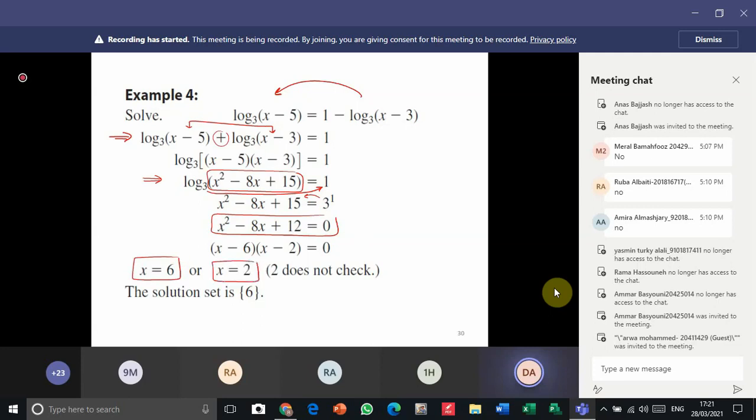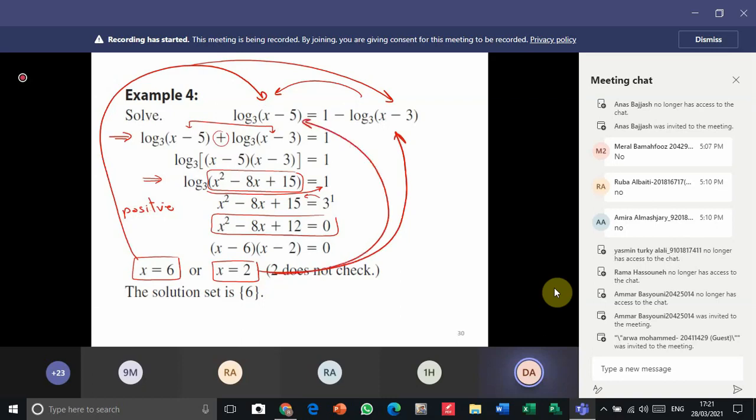In a logarithm function or logarithm equation we must check. So if we check the 6, this is positive, and here positive. But when we substitute 2 here or here, we have negative inside the log.